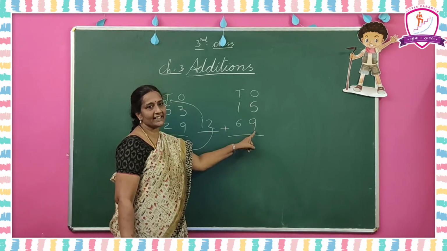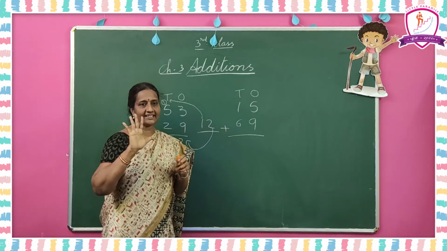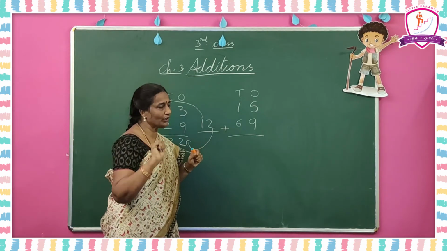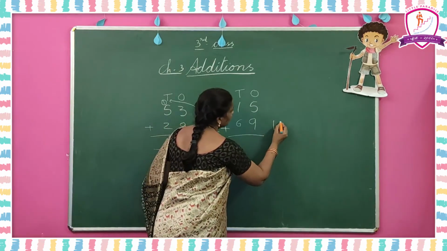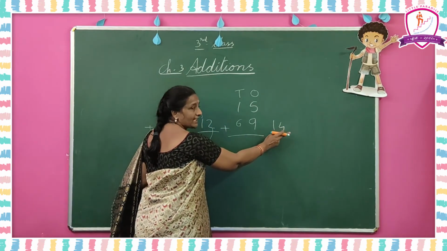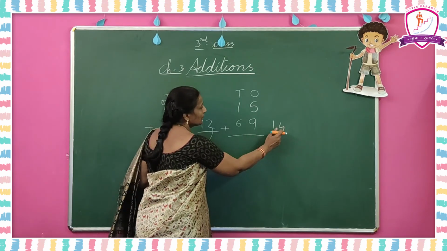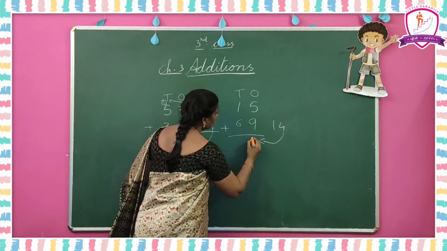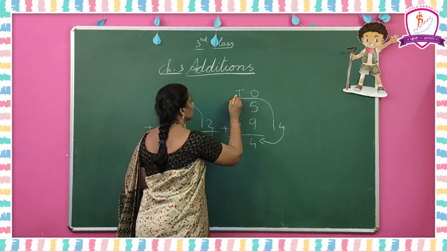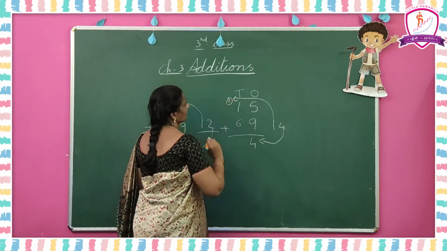Add 5 ones and 9 ones. Take 5 fingers. 9 after 10, 11, 12, 13, 14. We got 14 here. In 14, 1 ten is there and 4 ones are there. So write 4 in ones column and carry forward this 1 to tens place.